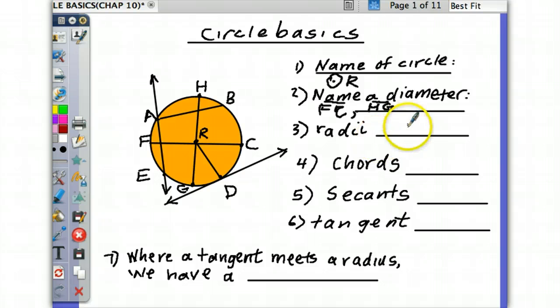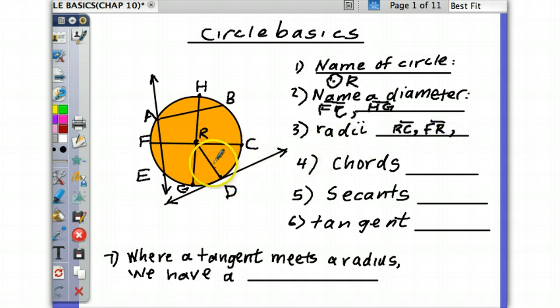All right. Alex, can you remember what a radius would be here? Yeah, it would be RC or RF. RC would be a radius. All right, let me write that down. RC, FR. FR would definitely be a radius. Or GR. Got quite a few of them. What else?